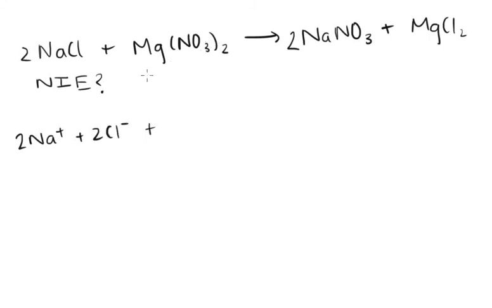Based on solubility rules, this is a soluble salt, so we can also ionize this. Oops, I think I'm gonna run out of space soon. So let's do this. So this is reactants.